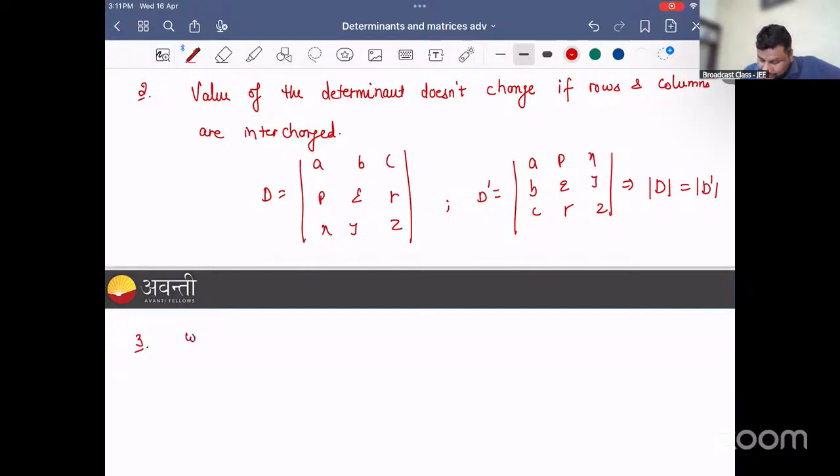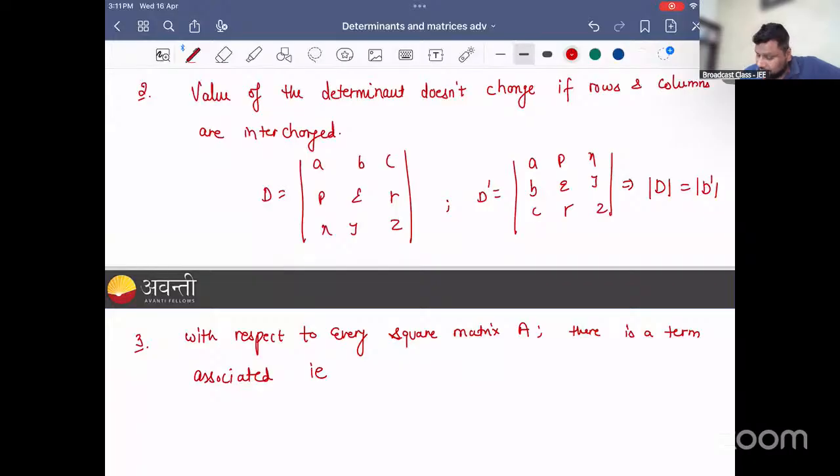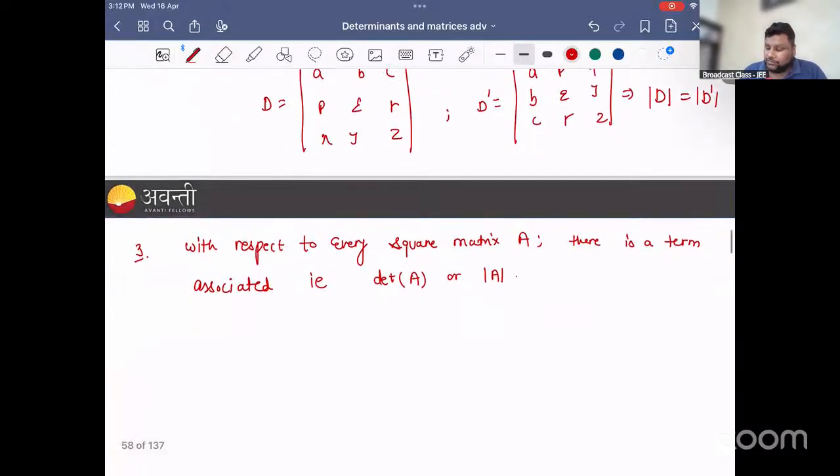Third, with respect to every square matrix A, there is a term associated, that is determinant of A, or sometimes determinant of A. So with respect to every square matrix, a term determinant of A is associated.